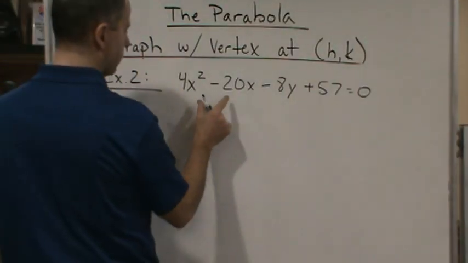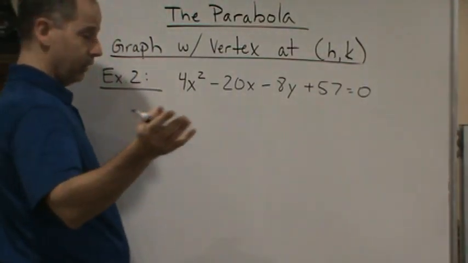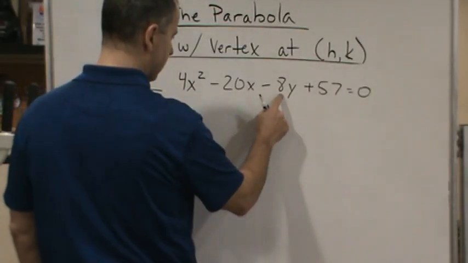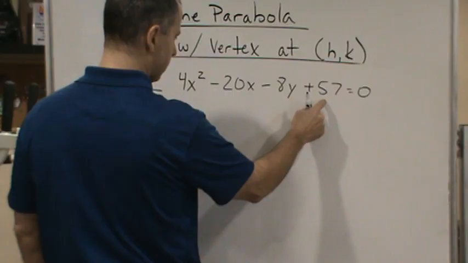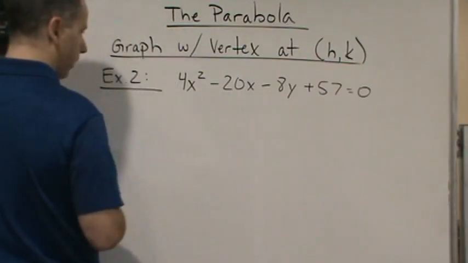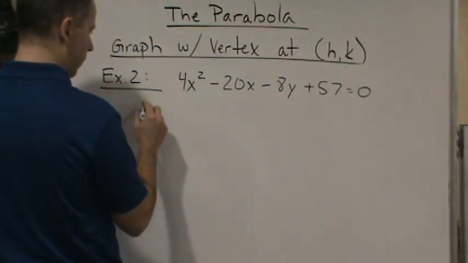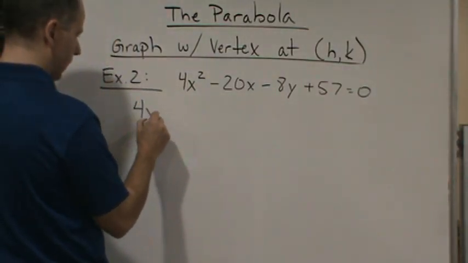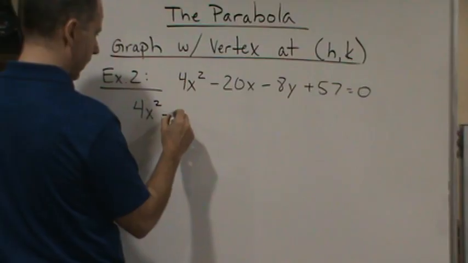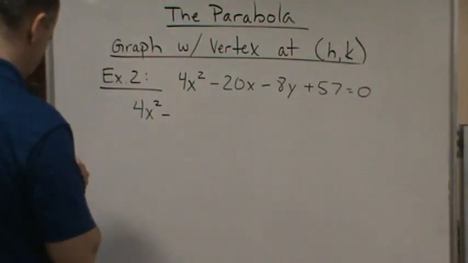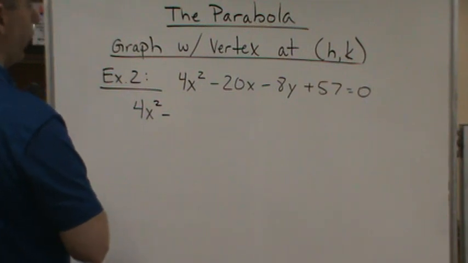So the first thing I'm going to do is use completing the square. I'm going to take these two variables together, and then this is going to be by itself, and this is going to be part of the constant. So we'll figure that out in a second, but let's take care of this. Is there anything I can factor out of this thing?